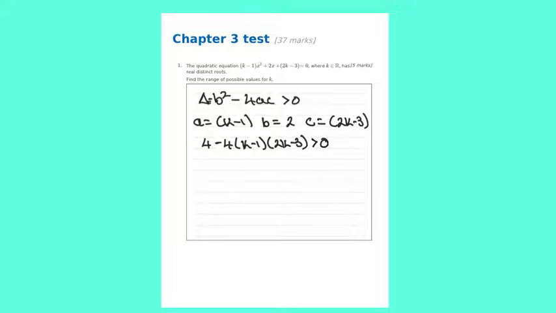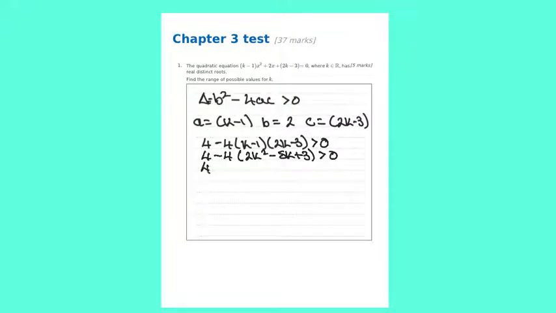If we multiply this out, we get 4 minus 4 lots. Multiply the brackets out, you get 2k squared minus 5k plus 3. It's got to be greater than 0.